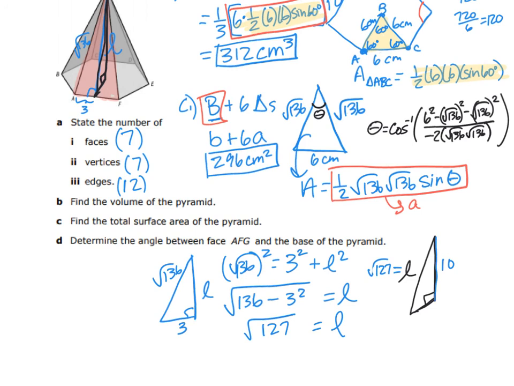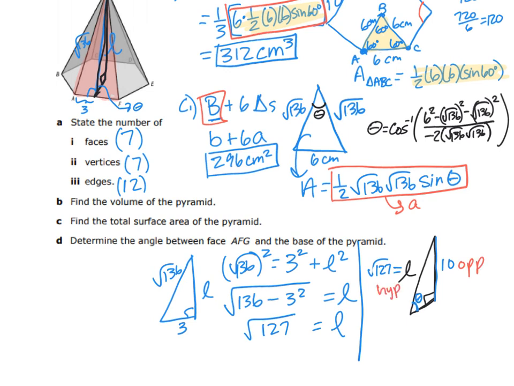We were asked to find this angle, which I'm going to call theta. That's this angle right here, between the slant height and the base of the pyramid. Since this is a right triangle, to find theta, I can use the opposite side and the hypotenuse.